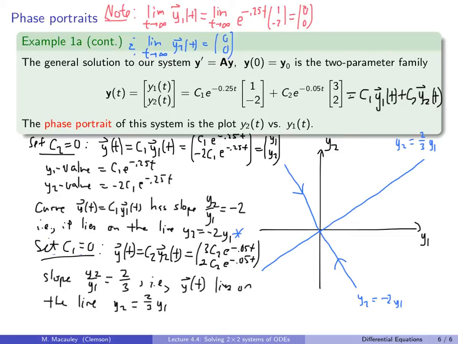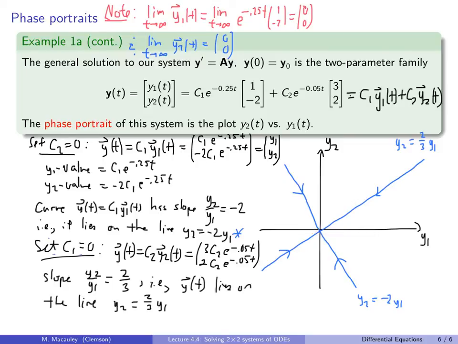In other words, as t gets larger and larger, this vector times the scalar function goes to the zero vector, or the origin. So I'm going to denote this like this. Okay, so to summarize, if we're on this line at time equals 0, and then as time goes on, we go toward the origin. If we're up here, we move toward the origin, and so forth.